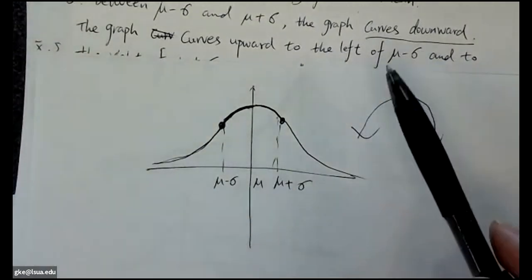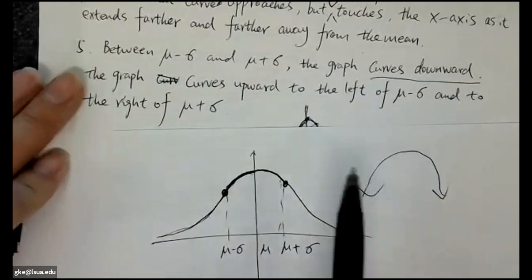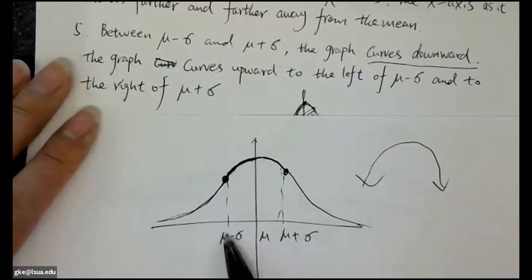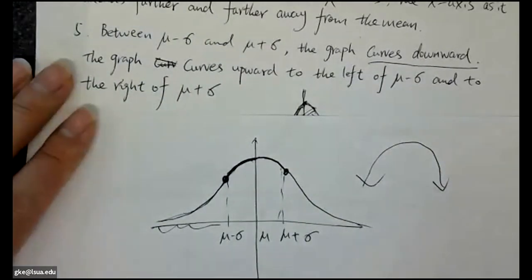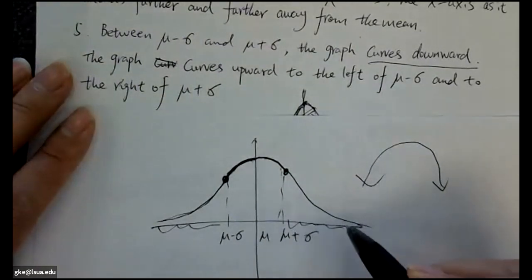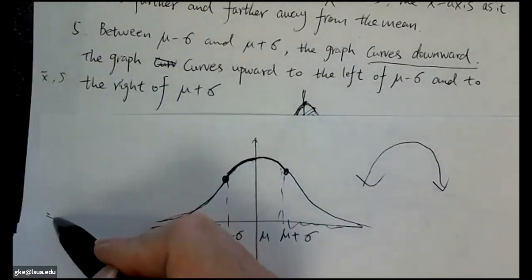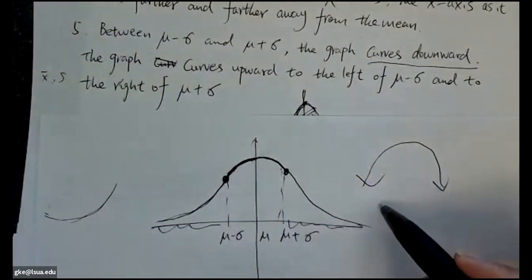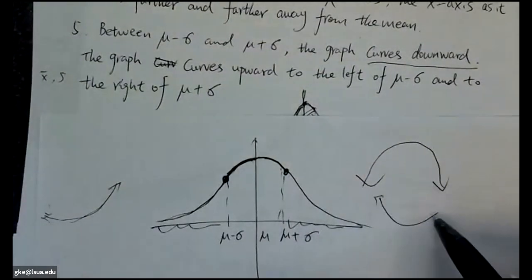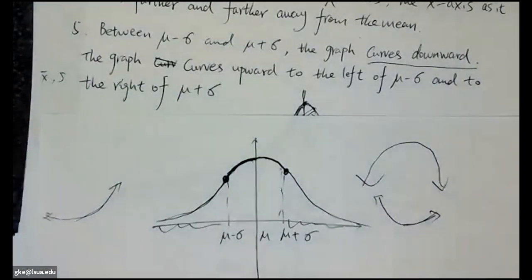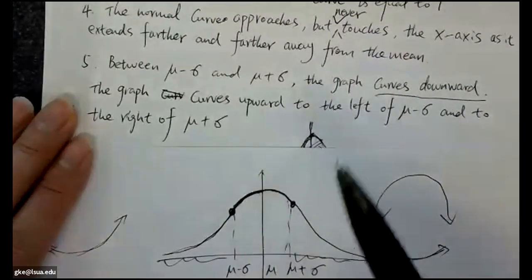Okay, and the curve at the left side of mu minus sigma, and at the right hand side of mu plus sigma, we can tell the curve looks like that. So the curve is upward.